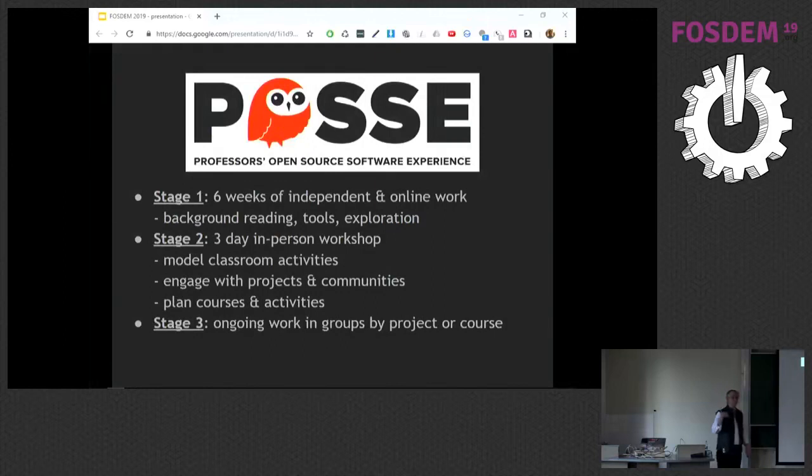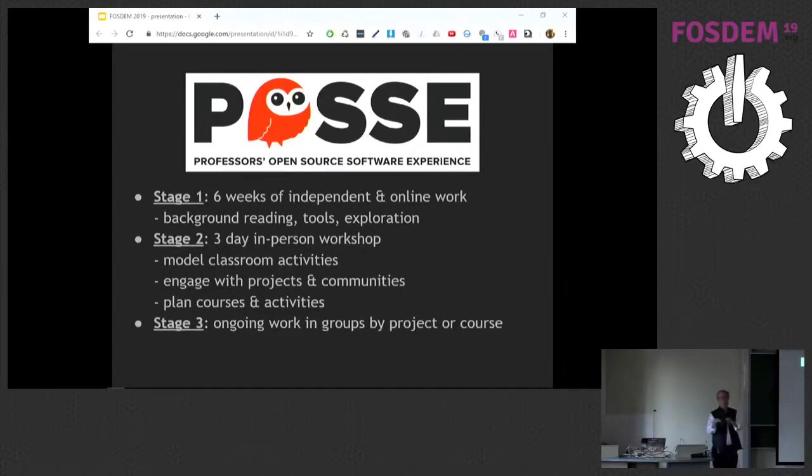One of the things we do is a workshop program for faculty called POSSE, the Professor's Open Source Software Experience. This was started by Red Hat, I believe, back in the day, and Red Hat has been an enthusiastic supporter all along. The basic idea is faculty spend a month or two doing independent work.